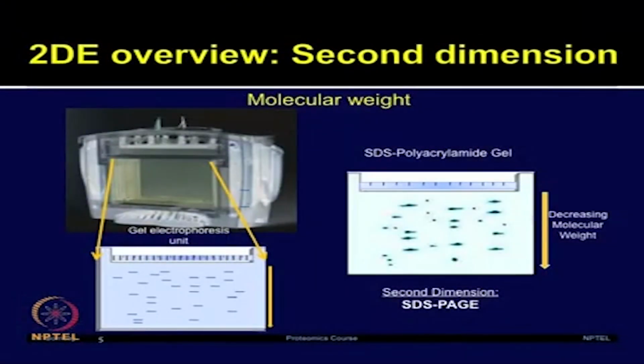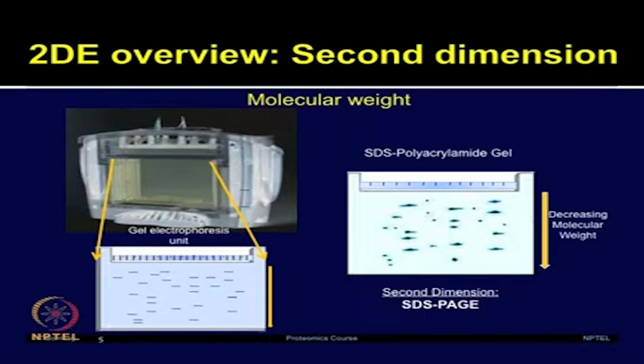After first dimension separation, if you remember, you need to do some treatment, which is equilibration. You want to prepare your strips for the second dimension separation. In equilibration, there were two components which were very essential, and if you recall, we talked about DTT and iodoacetamide.